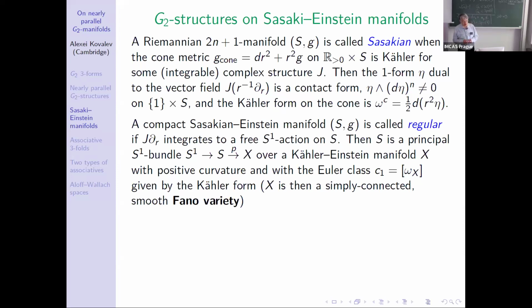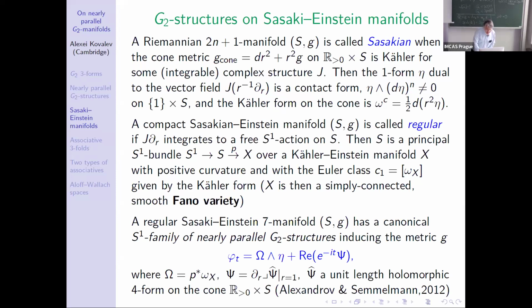So first of all, a Kähler positive curvature manifold will have to be simply connected. So it has a positive definite Ricci form, and that's one of the equivalent ways to define a Fano manifold. The more traditional definition comes from algebraic geometry using the canonical bundle, which will have to be ample, but this is equivalent.